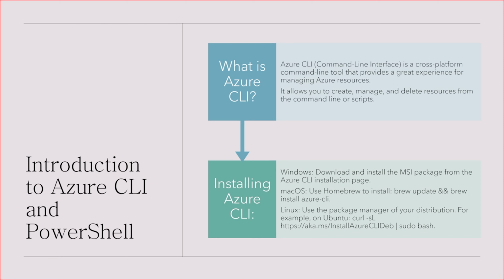Some basic commands that we can use on the CLI are az login, which logs you into your Azure account, az account set --subscription, which sets the subscription, and az group create, which can create resources.